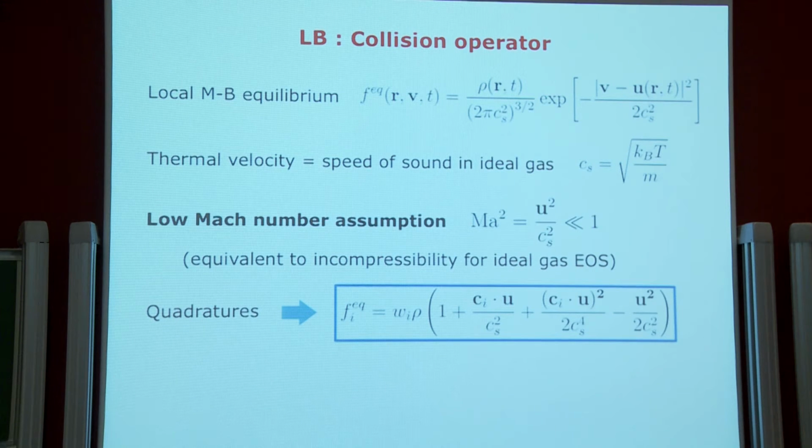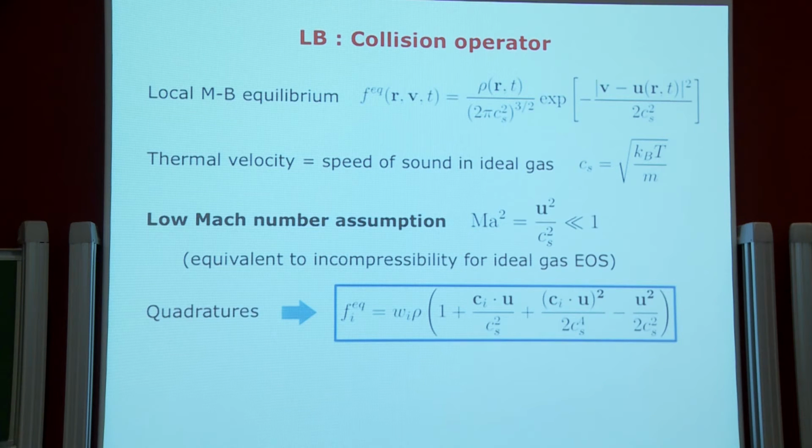So remember, you had m over kBT in the exponential. You can rewrite this by introducing the thermal velocity, the square root of kBT over m, which for an ideal gas is equal to the speed of sound. I'm simply going to refer to the speed of sound for the ideal gas.